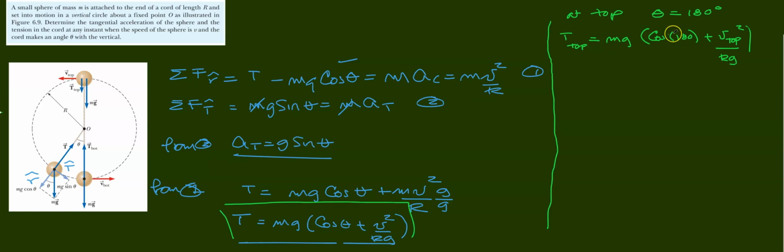And then what is cosine of 180? Well, cosine of 180 is minus 1. So the tension at the top is mg, and I'm going to flip this, v, whatever the speed at the top is, squared over rg, minus 1.